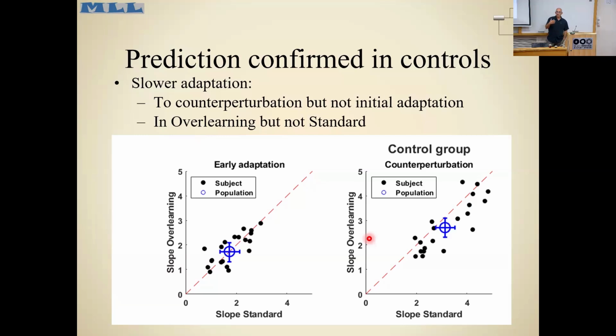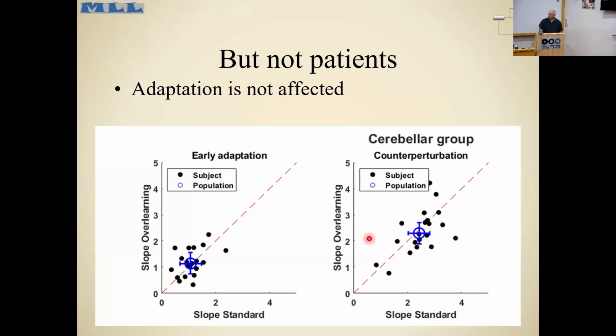But if the slow process has been slowed down, you should see the slope get slower. You're right that this is dominated by the fast slope, and yet we do see the slope getting smaller. Whereas in the cerebellar group, we see no such effect. We haven't really affected their ability to retain the slow learning, the implicit learning.